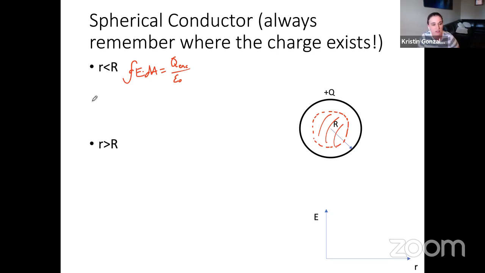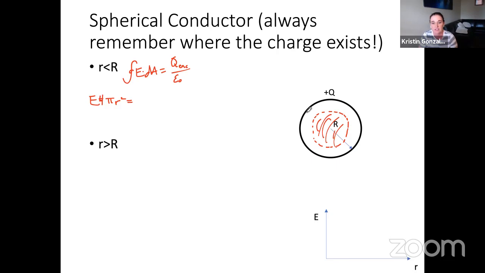So we've got E times my surface area, which is 4 pi r squared, equals the Q that I've enclosed here. Here's where we always have to pay attention to whether you're dealing with a conductor or an insulator. Because in an insulator, the charge can be evenly or unevenly distributed, but it's throughout the whole material. But on a conductor, where did we say the charge always is last night?